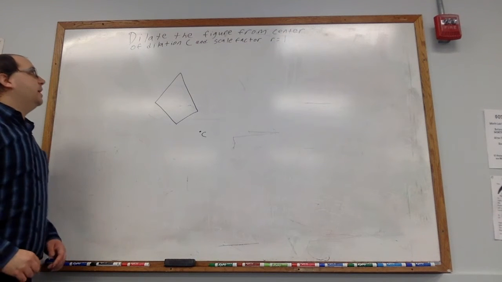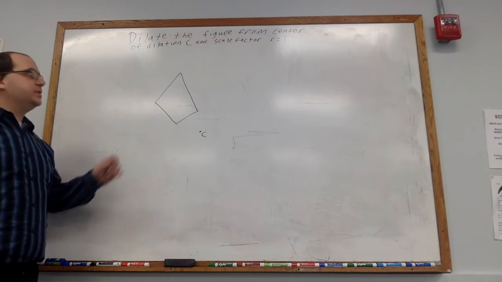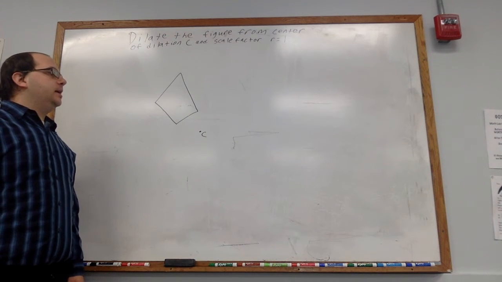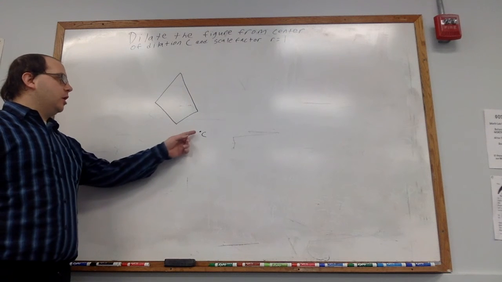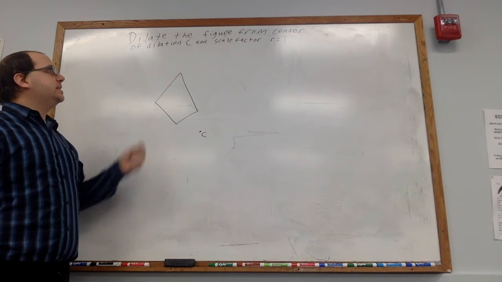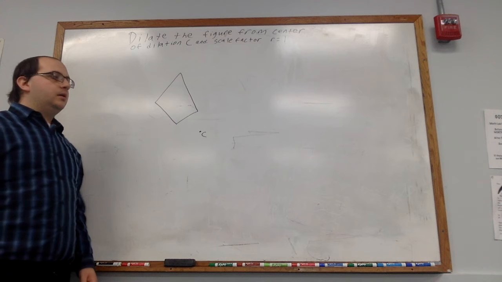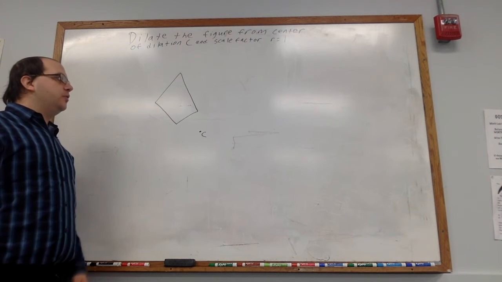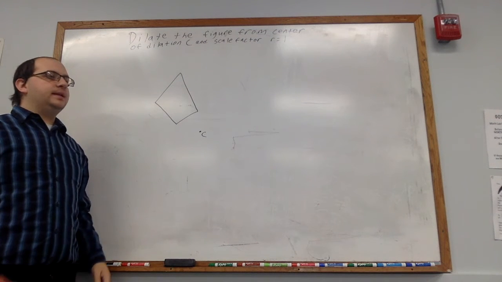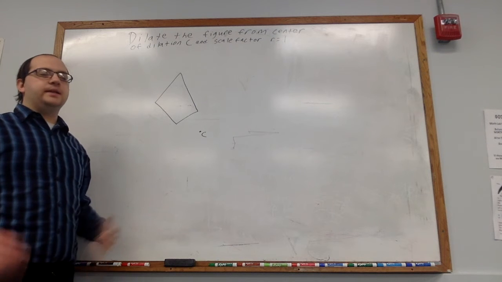The next one, we have dilate the figure from center of dilation C and scale factor R equals 1. So in this case, we'd want to draw our lines, and then since it's a scale factor of 1, we would draw our new vertices exactly 1 times the distance of each of our lines. Well, 1 times anything is itself.